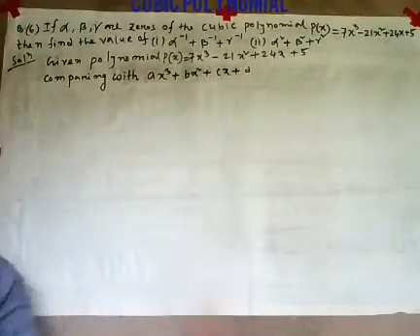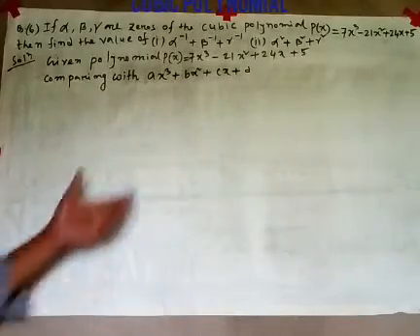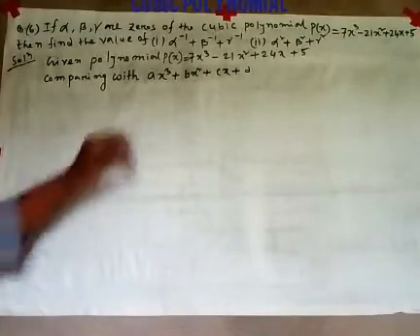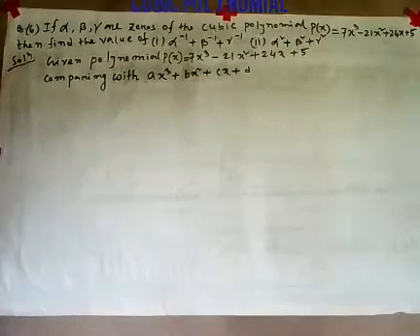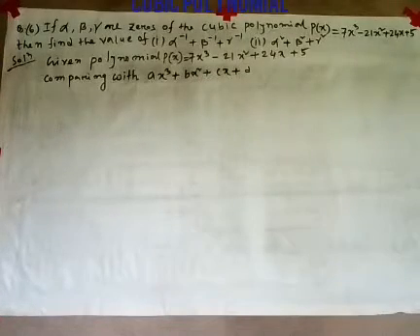What is this? This is the general form of the cubic polynomial, ax cube plus bx square plus cx plus d.